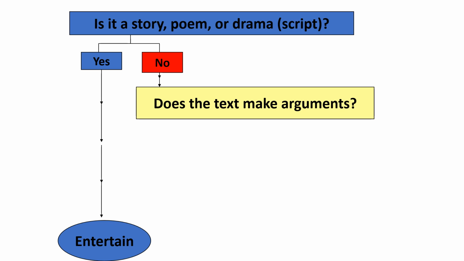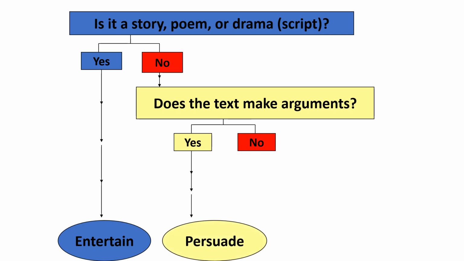But if the answer is no, we need to ask ourselves another question. Does the text make arguments? And again, we have the choice of yes or no. If yes, then actually the purpose is to persuade. The writer is trying to persuade us of his or her argument.